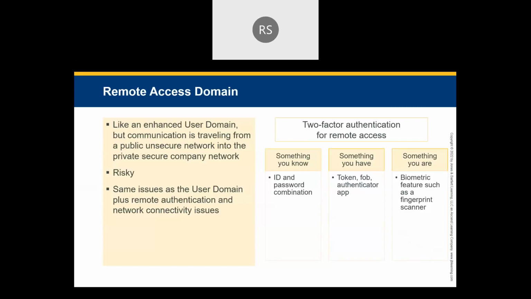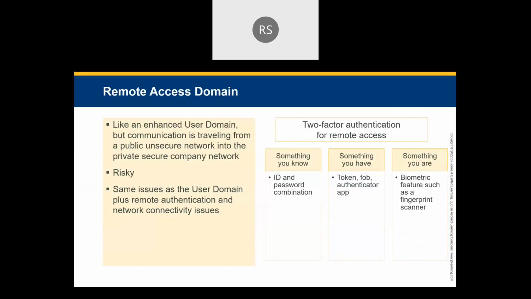So, to enhance security in remote access domain, you commonly would implement a two-factor authentication. Now, this method combines two different types of credentials to verify a user's identity. Something you know. This refers to the traditional ID and password combination.